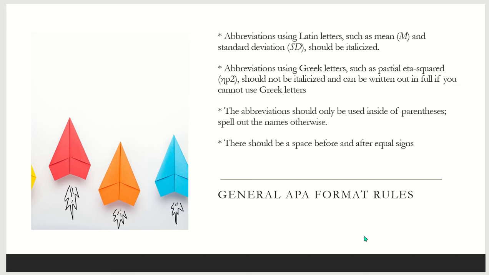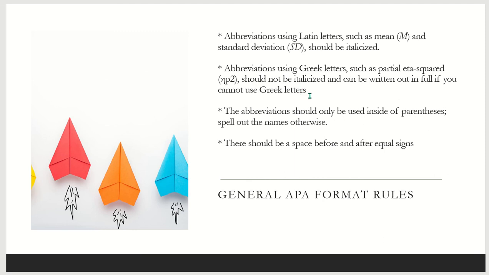Okay, so another important thing to know is when you're using abbreviations, like for your mean, standard deviation, the number of people in the study, you should italicize those letters, right? They should all be italicized. If you're using Greek letters like eta squared, those should not be italicized.